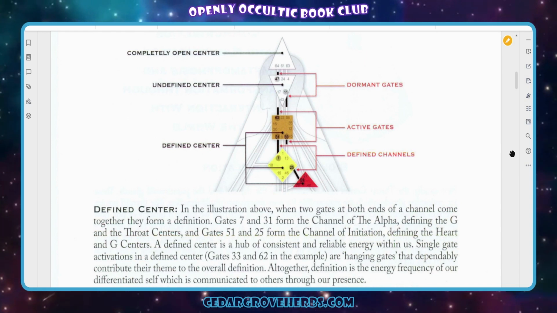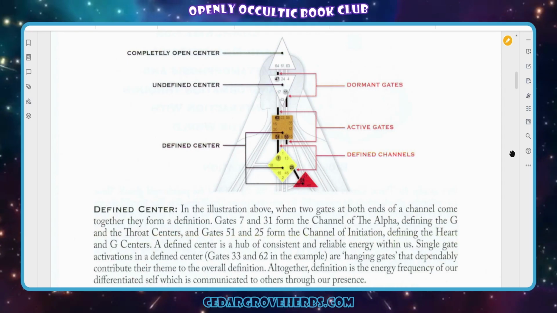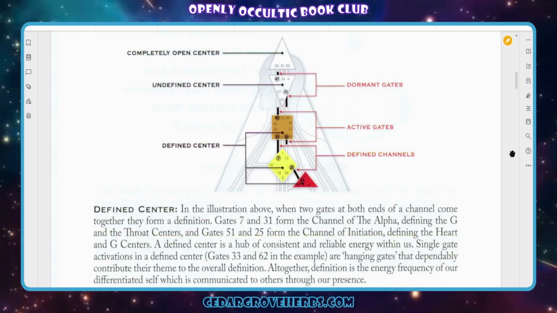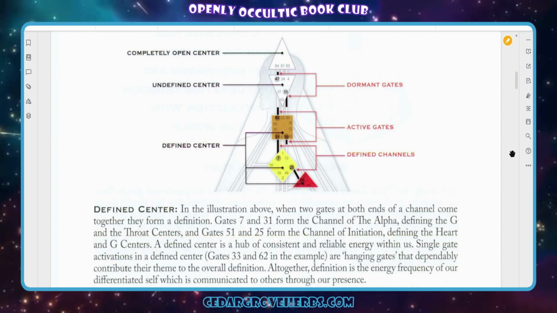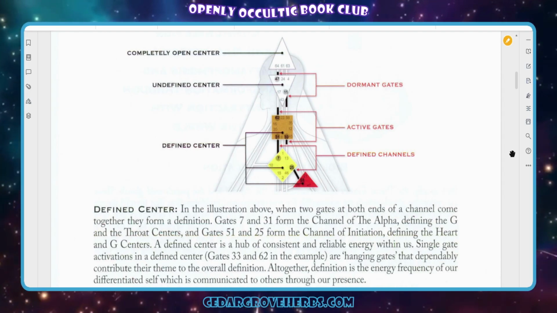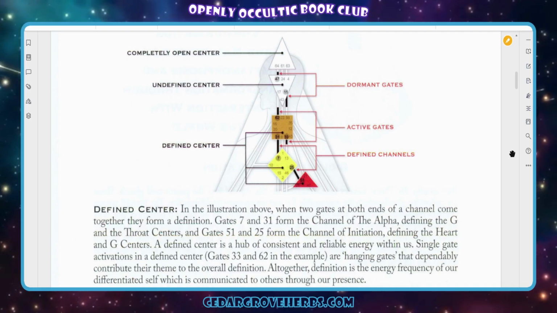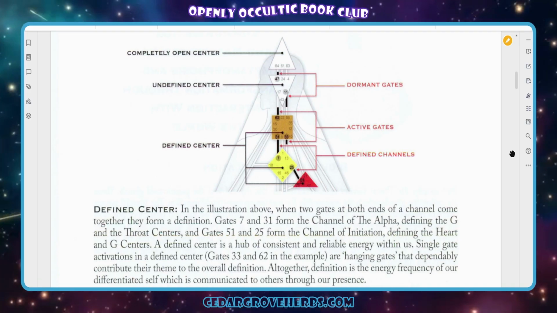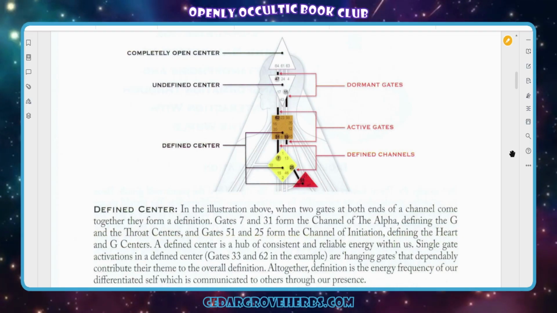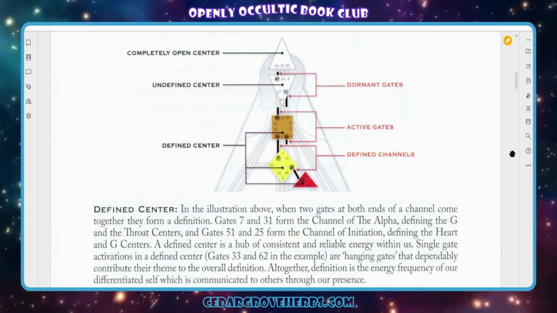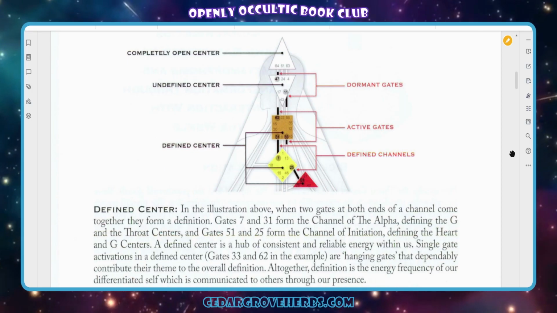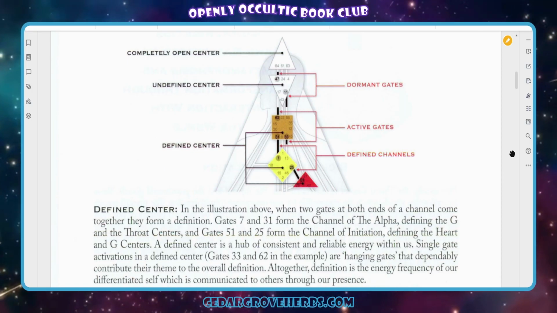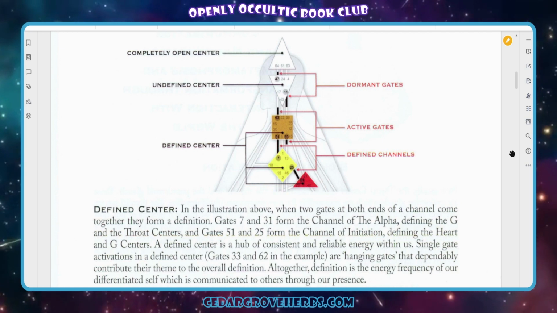Gate 31, it says, Gate 7 and Gate 31 form the channel of the alpha, defining the G and the throat centers. And Gates 51, which is down here in the heart center, and Gate 25, which is here in the G center in the yellow, form the channel of initiation, defining the heart and G centers.